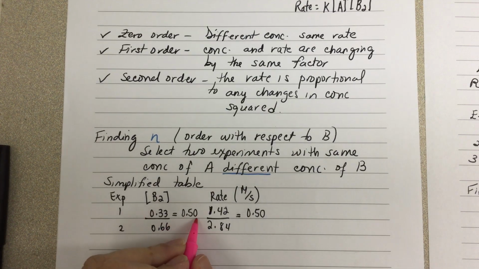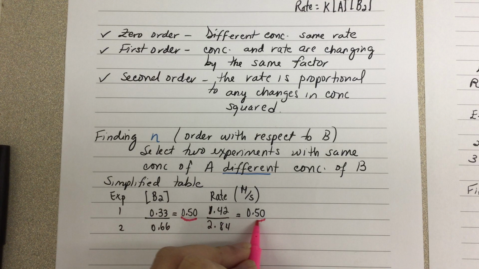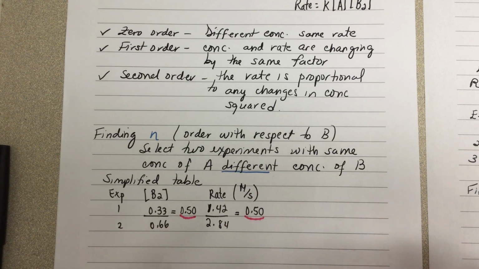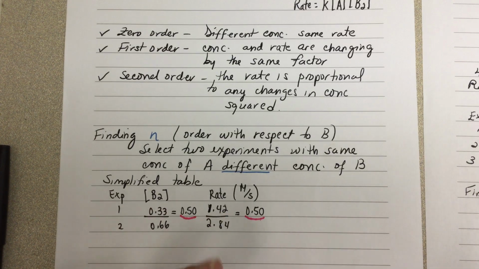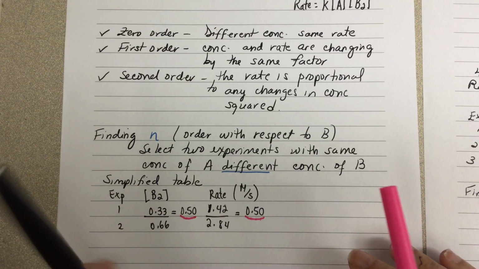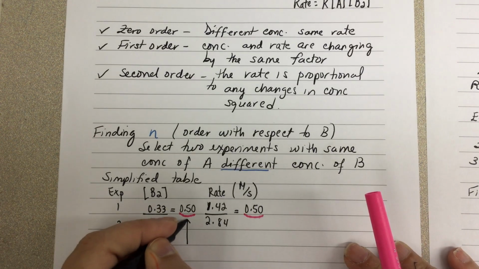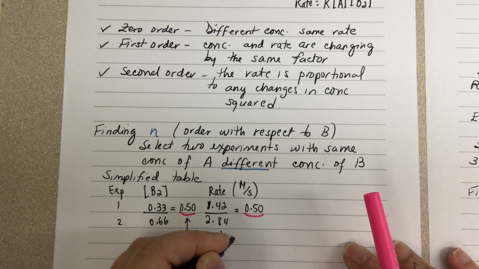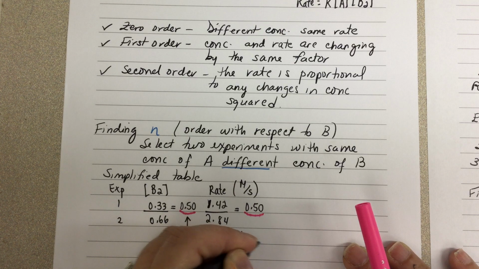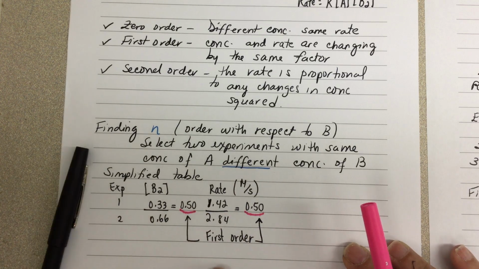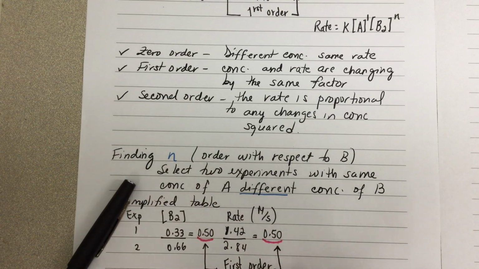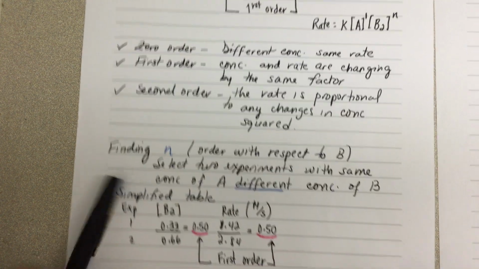What that means is that you have the same number, which means that the concentration and the rate are increasing by the same factor. And if you get the same number, that's going to be a first order. So now you have the value of n, which is the order with respect to B2.